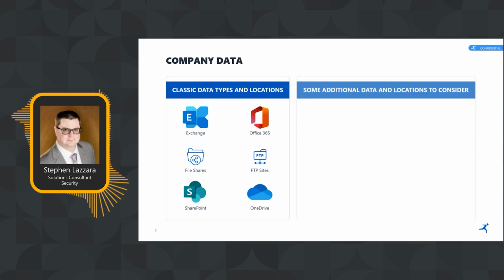In addition to this, however, there are additional locations and uses of data in today's modern world that need to be considered when you talk about company data and how companies use information.